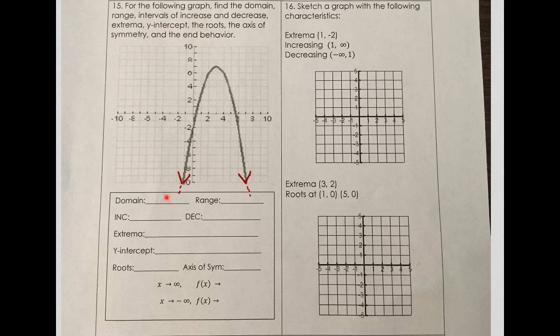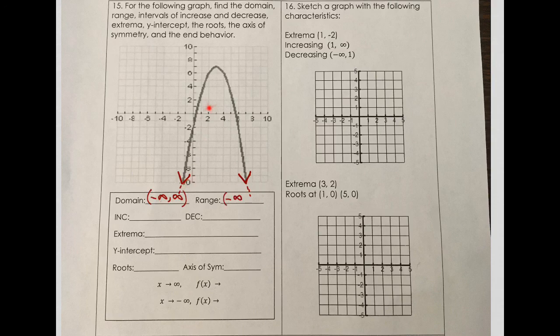So let's look at domain. First, how far left is it going? This is an arrow, so it's going left forever, and it's going right forever. So we know we have negative infinity to positive infinity. We can't pinpoint where that stops, so we know those are parentheses. Then range is how far down is it going? In this case, it's going down forever, so it's negative infinity.